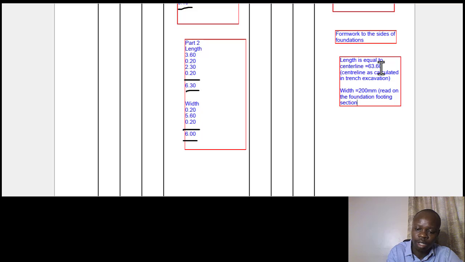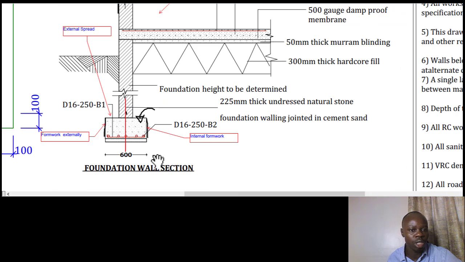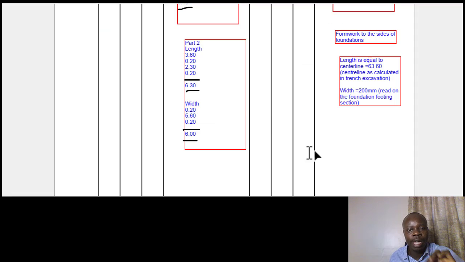Unless you don't have it, you can make an assumption, but if you have it, the best idea would be to read it from the section. The same applies to the thickness of the concrete foundation footing. Those are some of the critical points that you need to take care of. So it's 200 millimeters read on the foundation footing section.